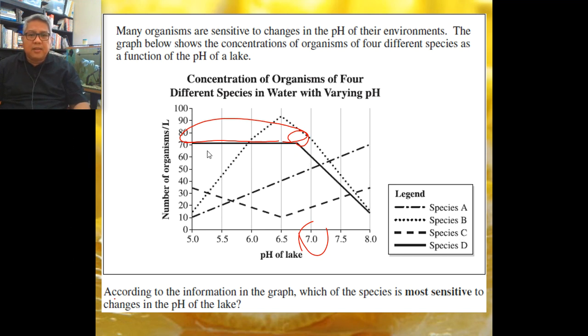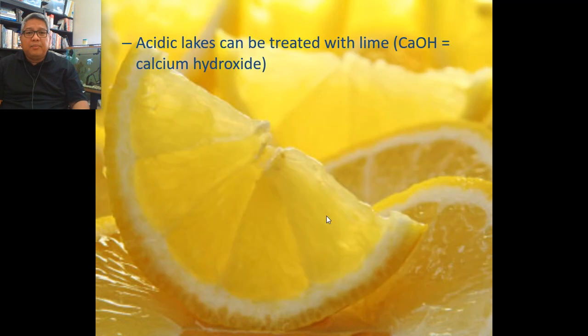So species D is very stable, and meaning they are sensitive if they can only survive in a very narrow range. So in this case, since species D's range is very narrow, between 6.5 and 7, species D will be the most sensitive. So acidic lakes can be treated with lime, calcium hydroxide.